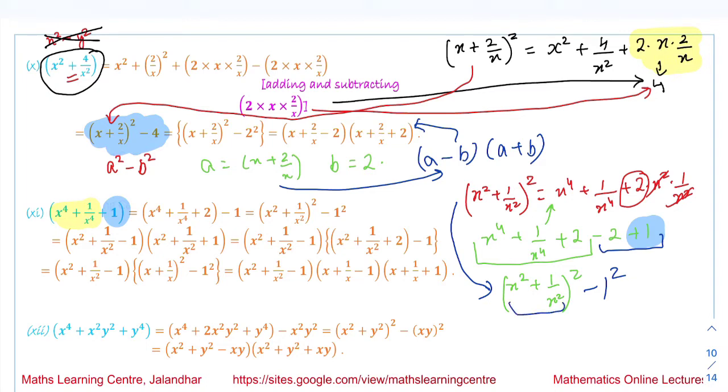So this term will act as a and this will be b, and we are getting a² − b² = (a − b)(a + b). You will substitute these values and you will get the answer in this form.